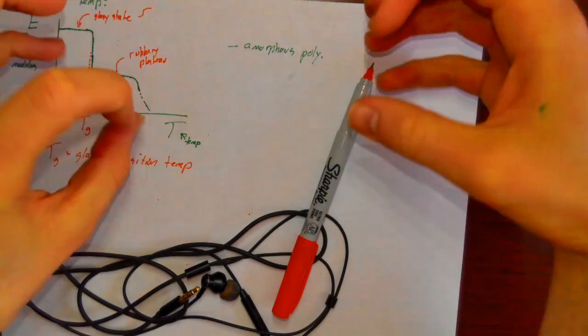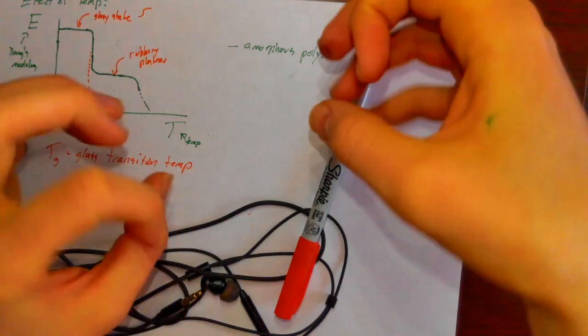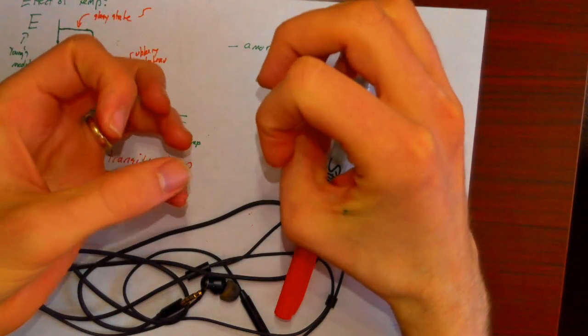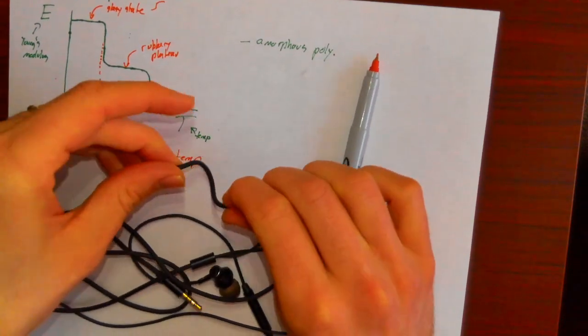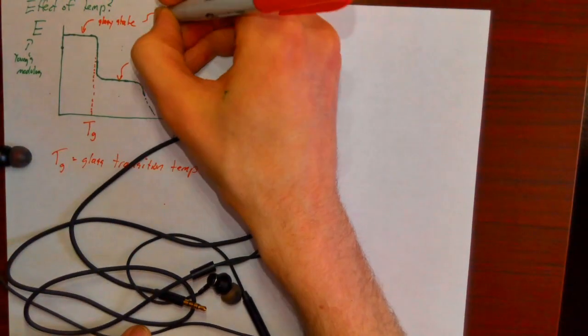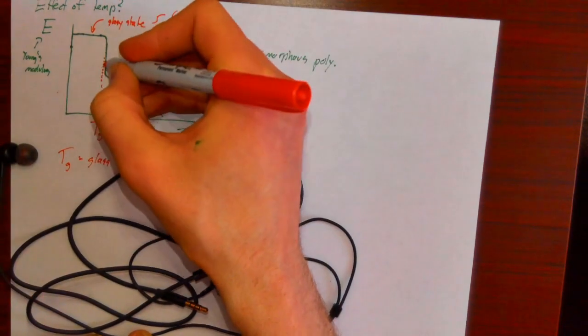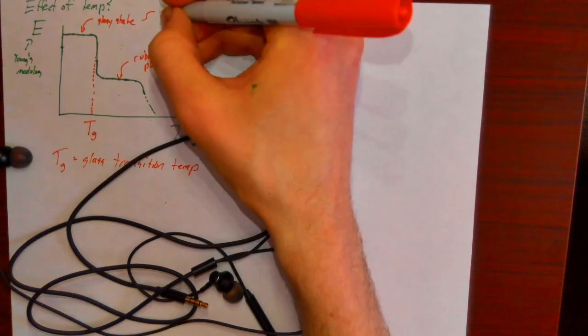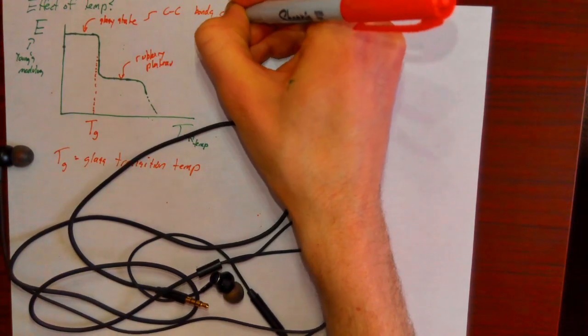Every carbon in the chain essentially rotates and rotates, and that's basically what allows polymers to be bendy. But below the glass transition temperature, in the glassy state, carbon-carbon bonds can't rotate.